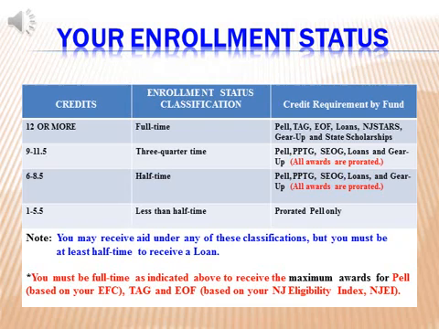You must be full-time as indicated above to receive the maximum award for Pell based on your EFC and for TAG and EOF based on your New Jersey Eligibility Index, called your NJEI.